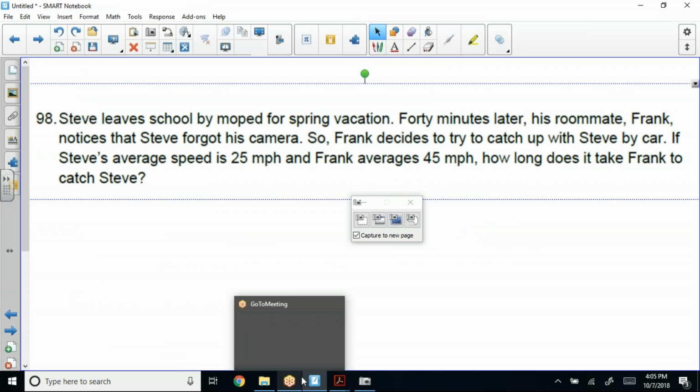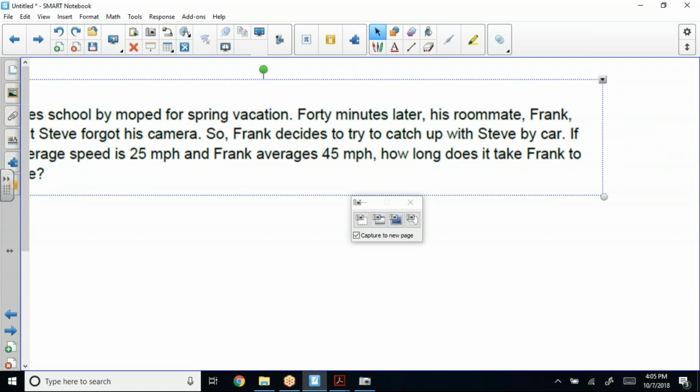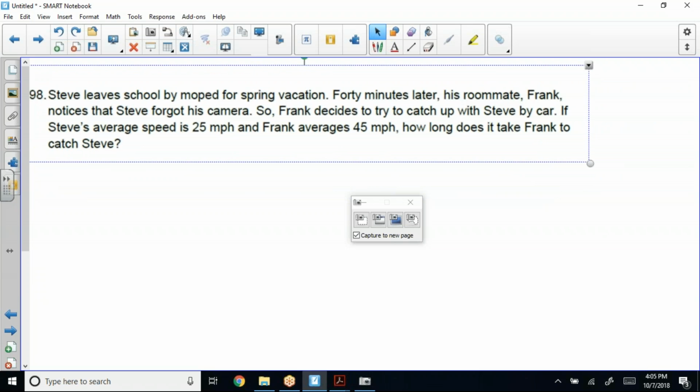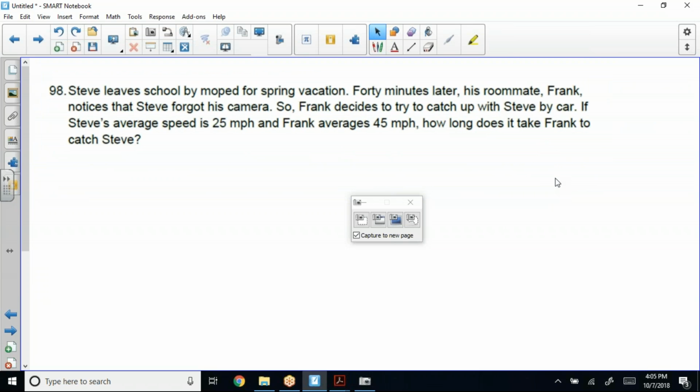Steve leaves school by moped for vacation. 45 minutes later, his roommate Frank notices that Steve forgot his camera. So Frank decides to try to catch up with Steve by car. If Steve's average speed is 25 and Frank's is 45, how long does it take Frank to catch Steve?